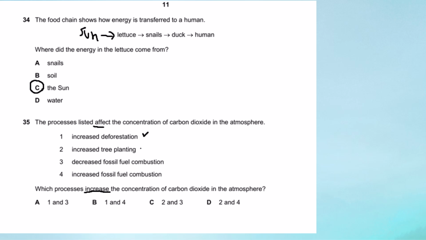Increased tree planting. No, that removes CO2. Decreased fossil fuel combustion. That will reduce CO2. And increased fossil fuel. Well, that will be the one. But to get the point, we have to go in and say, okay, which one contains 1 and 4? Well, that is B. So we mark this as our answer and we get the point.